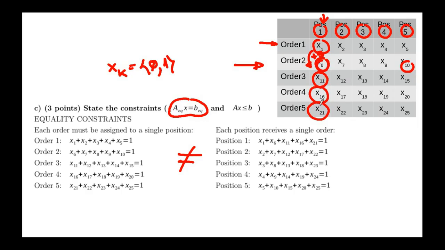So what I'm doing is the sum of all these elements, because all these elements belong to position number 1, order 1, order 2, 3, 4, and 5, and I'm forcing that a single order is assigned to position number 1, because only one out of these 5 numbers can be equal to 1. All the rest will be 0. The same goes for position 2 here, position 3, 4, and 5 for these equations.